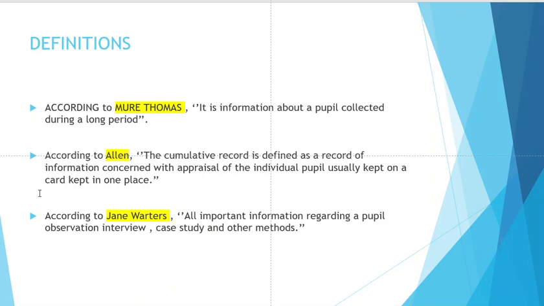Whatever information we collect, we keep in one record maintained for the student. And according to Jan Watts, it holds all important information regarding a pupil gathered through observation, interview, case study and other methods. These are some important definitions related to the cumulative record.